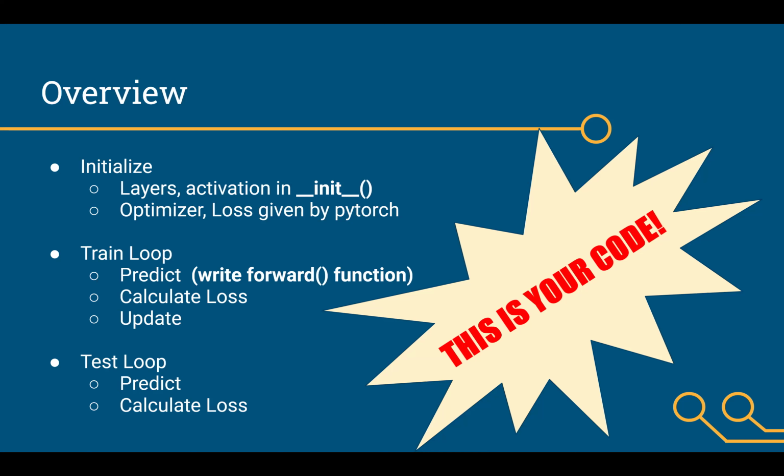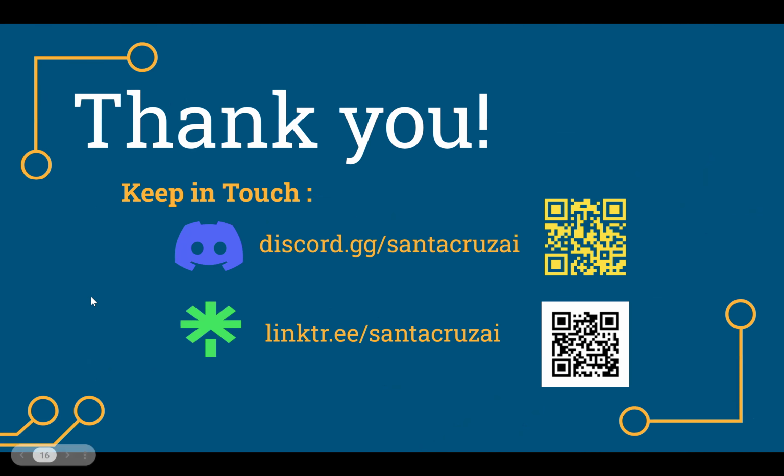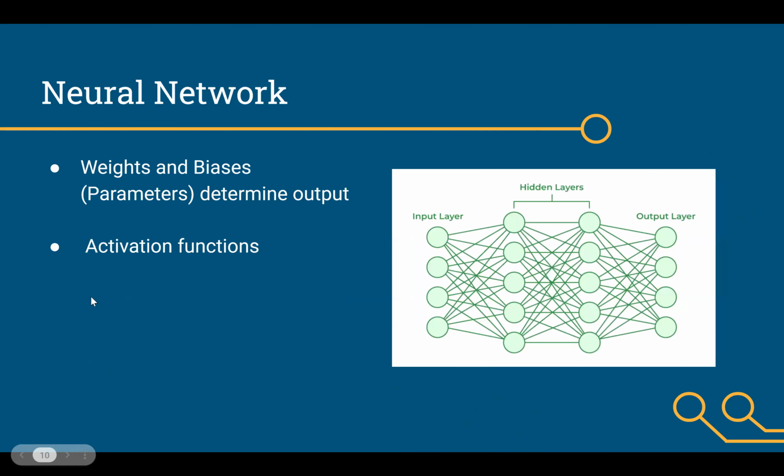For layer 1, let's say I want to make a new layer. I just do nn.Linear. Linear means it's the same kind of layer that I showed previously. Each of these in PyTorch is called a linear layer.